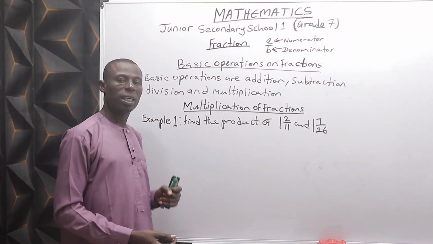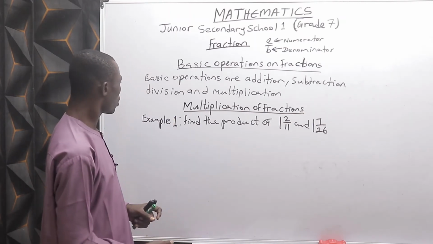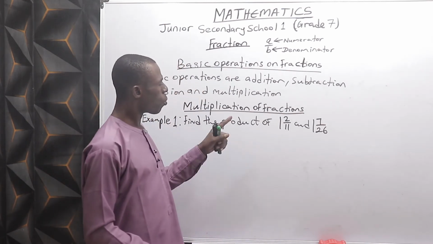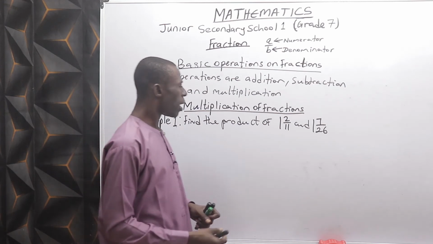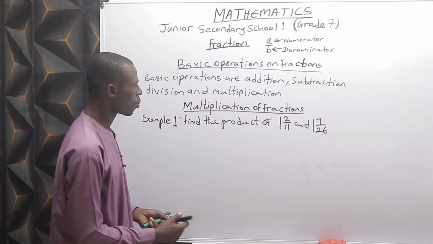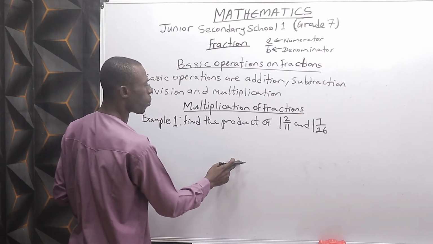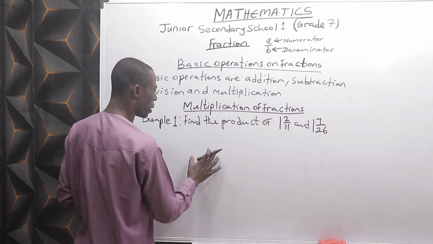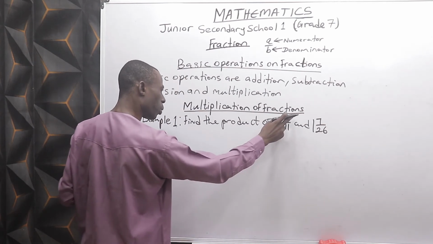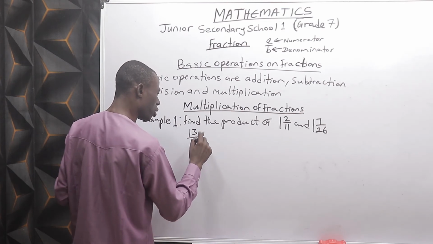We come to the next subheading there, which is multiplication of fractions. Example 1. Find the product of 1 whole number 2 over 11 and 1 whole number 7 over 26. Let's convert each of them to improper fraction as we link them with the operation. 11 times 1 is 11 plus 2, that is 13 over 11 times, that's the operation.